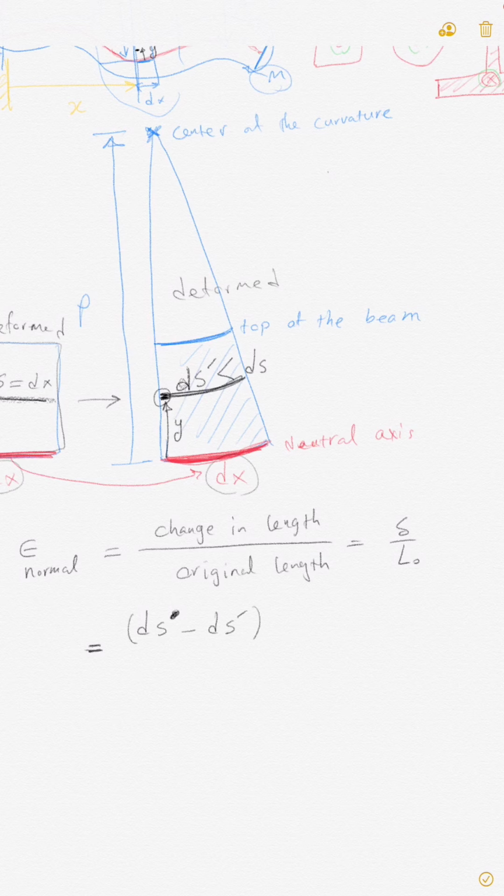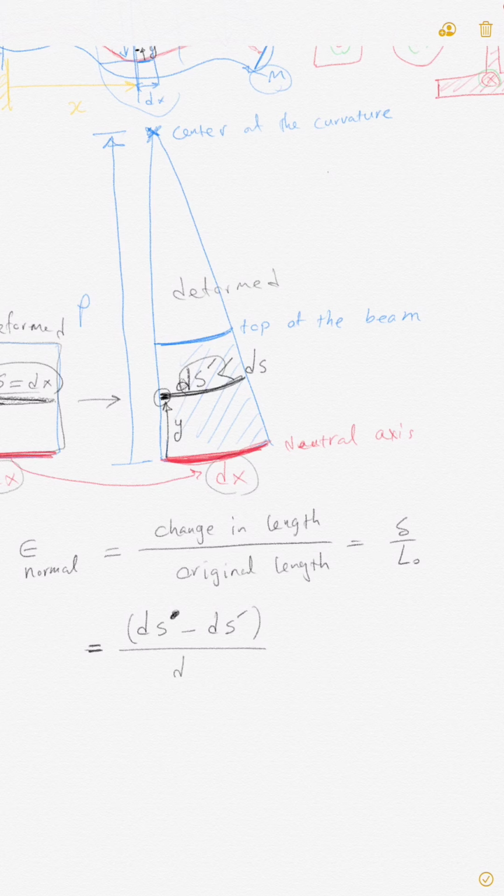The change between the original length, which I just highlighted here, this is dx, the original length, subtracted by the change in the deforming, which is ds prime. So that's my delta, divided by the initial length.